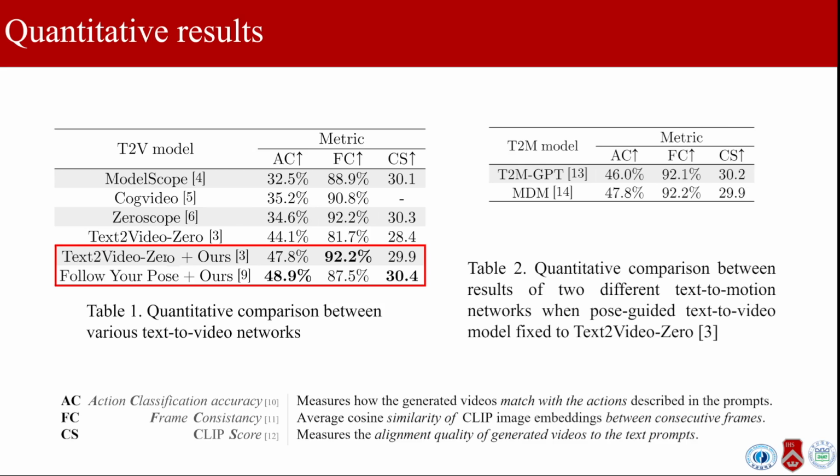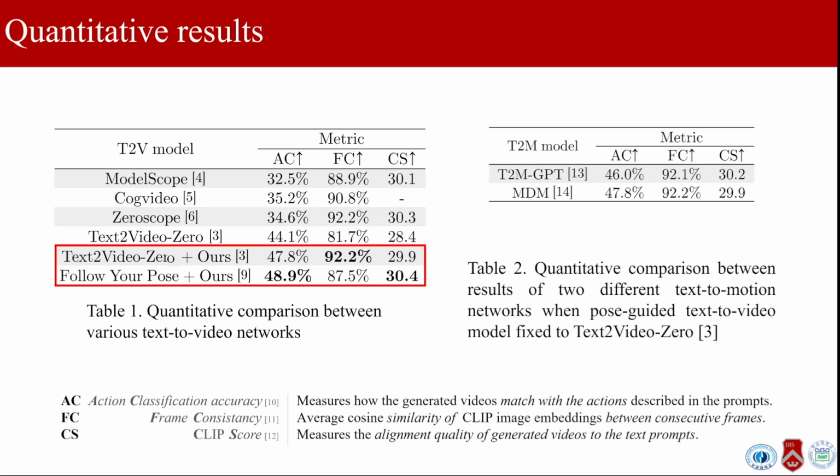It is a measure that decreases with sudden and unnatural changes between frames and increases when such changes are absent. CS stands for CLIP score, which indicates the alignment of the generated video with the prompt. Higher values in all three metrics are advantages, and our method outperforms all other methods.